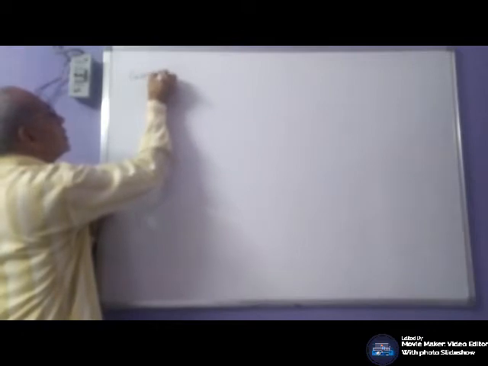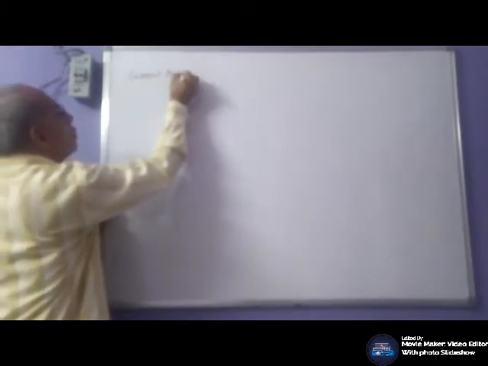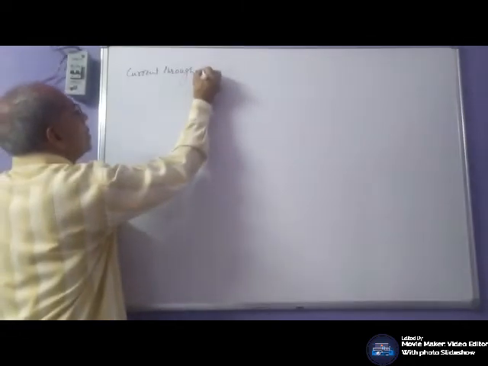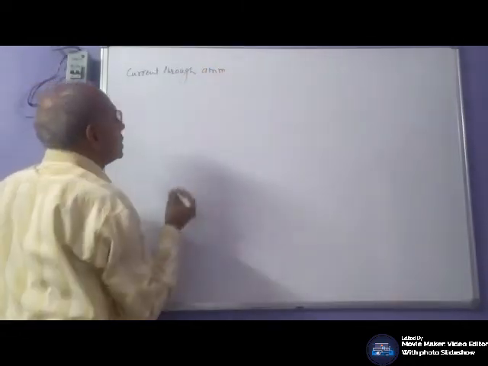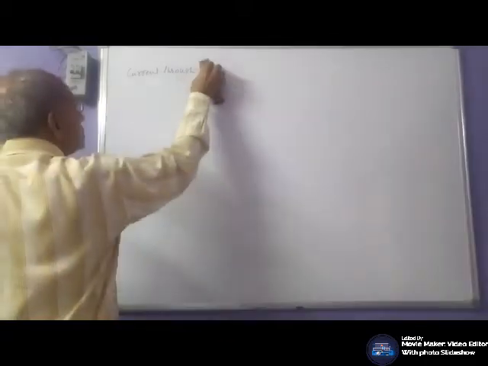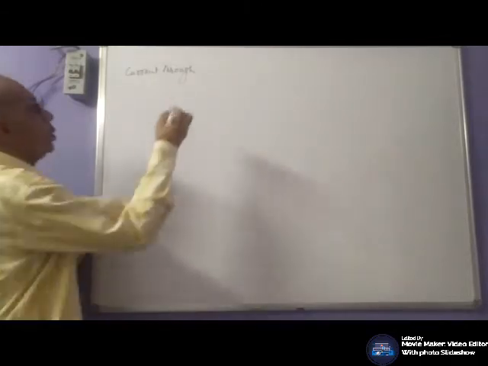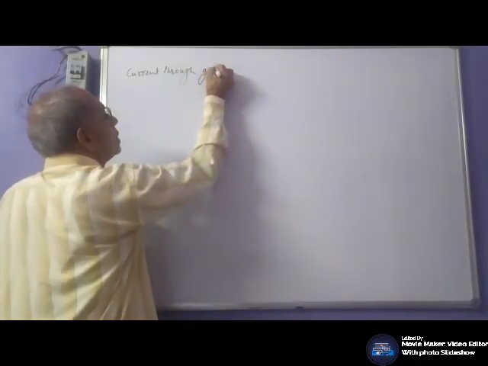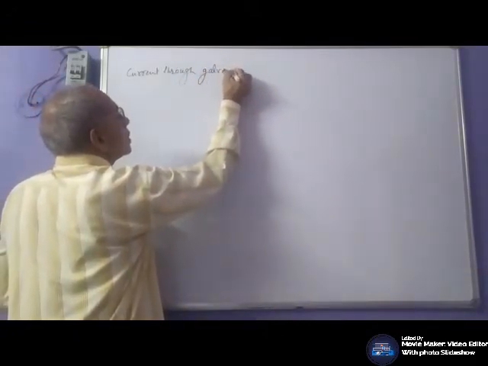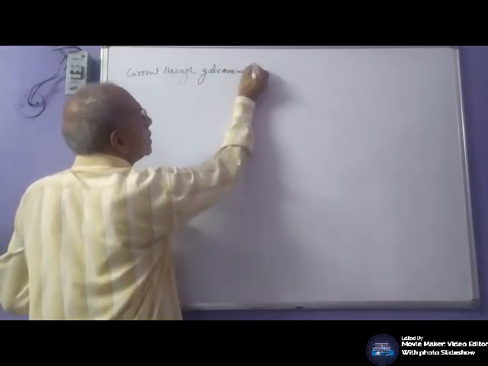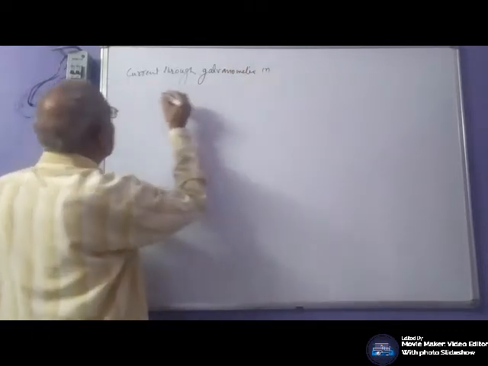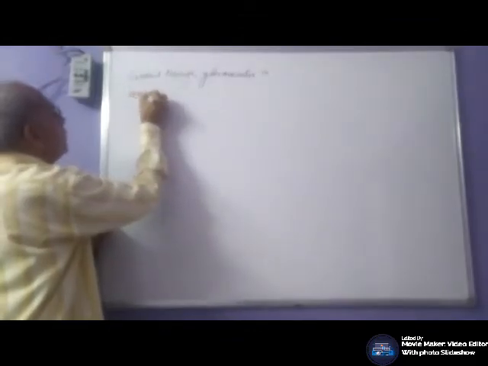Current through the galvanometer in the ammeter.